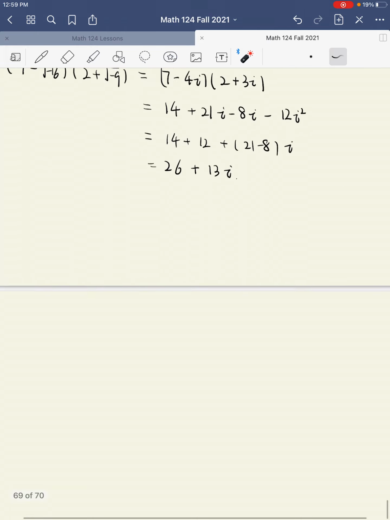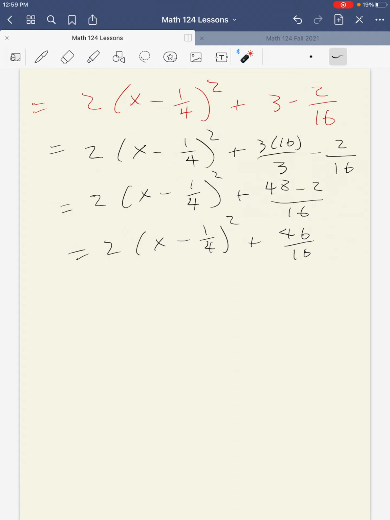Now this is what we call, sorry about that, this is what we call the standard form of a quadratic equation. And the reason it is useful is the vertex is actually just given by these numbers. So if it's written in standard form, we can just read off the vertex quite easily.